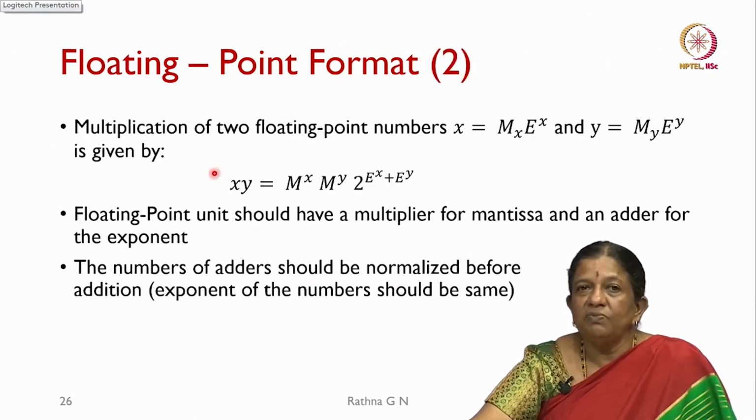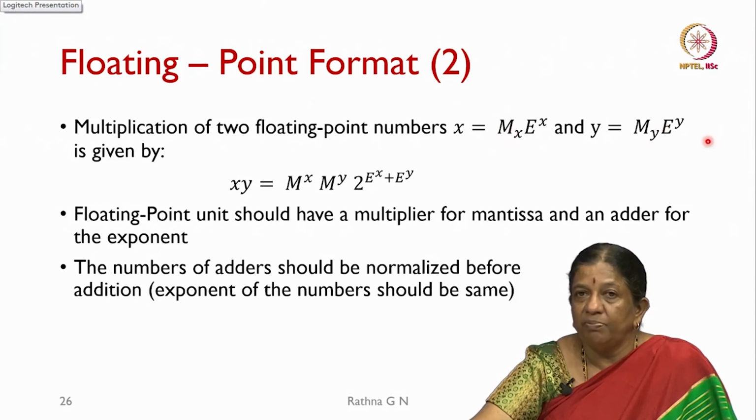When I do the multiplication of two floating point numbers, x is mx into e power x and y is given by my into e power y. We multiply the mantissas and add the exponents to get the result xy. So, a floating point unit should have a multiplier for the mantissa and an adder for the exponent.